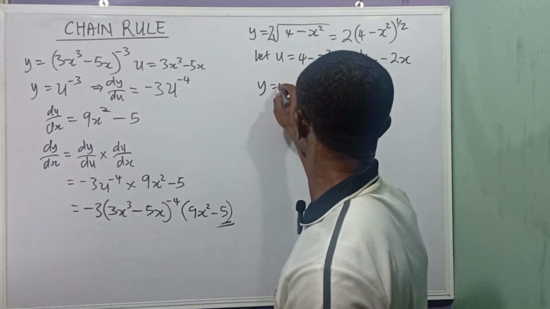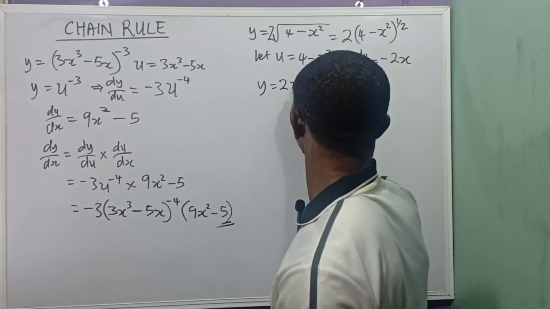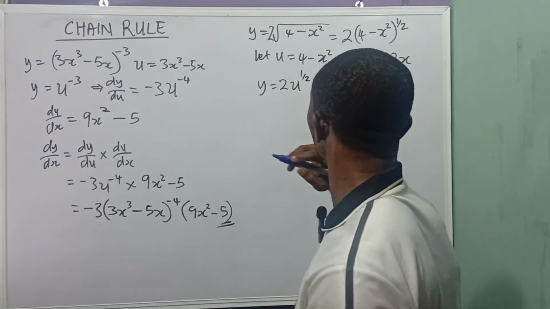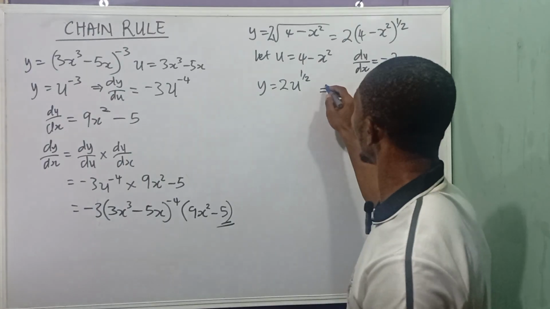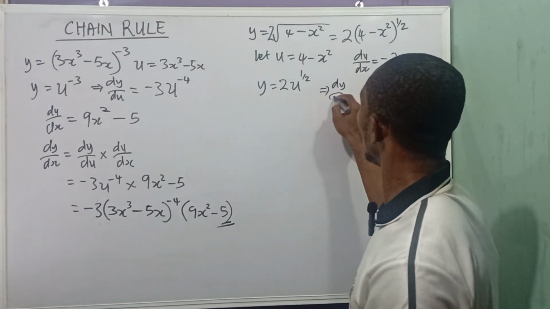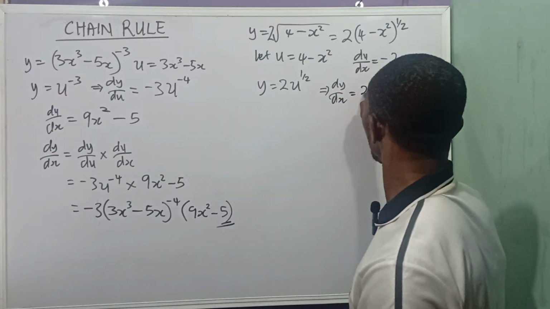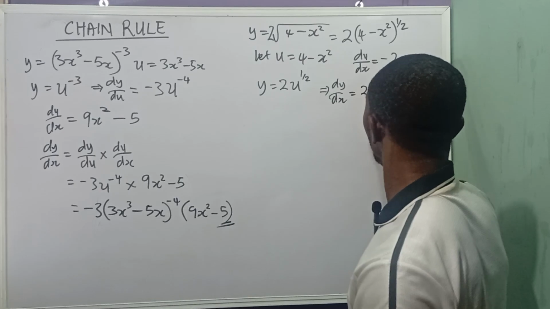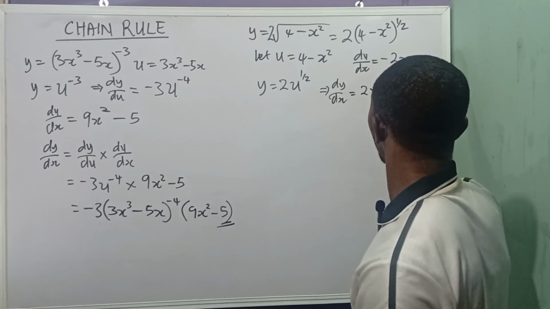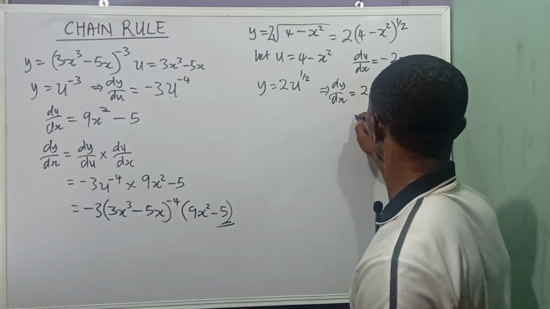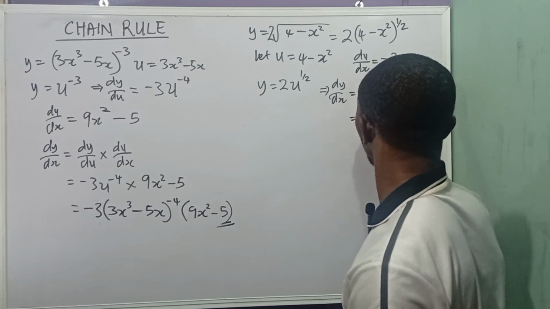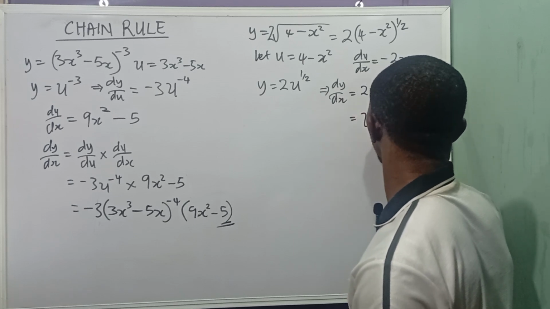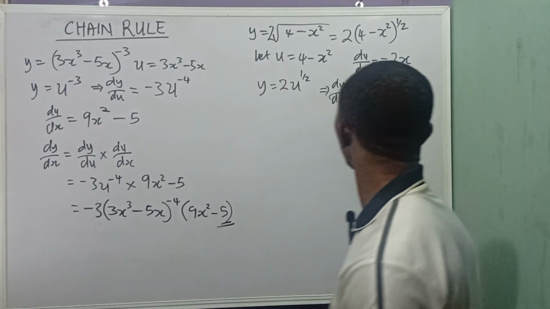Then y equals 2u raised to power half. Differentiating this, we get dy/du to be 2 times half times u raised to power half minus 1. The 2s cancel, leaving us with u raised to power minus half.